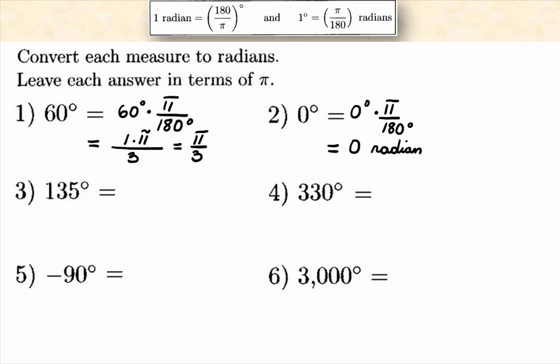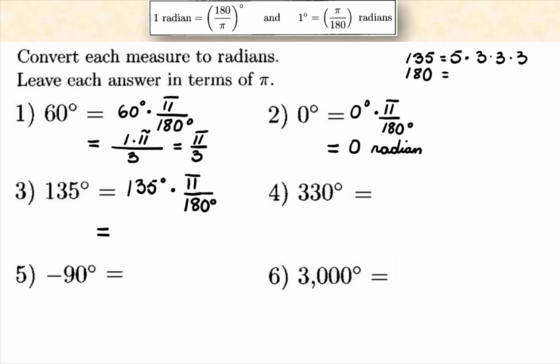135 degrees is equal to 135 multiplied by pi over 180. Now the greatest common factor between 135 and 180: 135 is 5 times 27, which is 3 times 3 times 3.